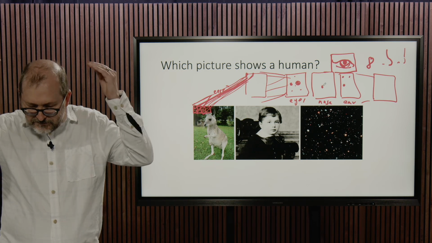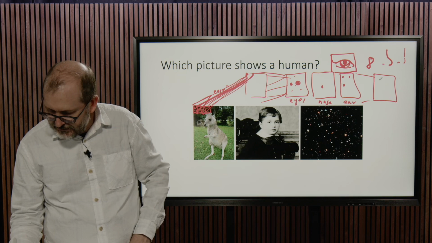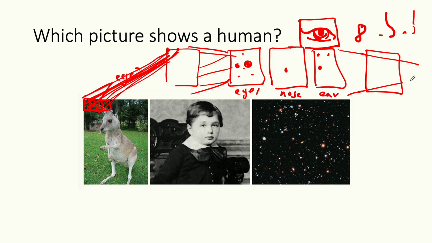Definitely not way above their eyeballs. This sort of thing. And then it could actually just be a layer that says human and non-human. Sorry about my handwriting. But anyway, that could be your output layer, just two neurons.